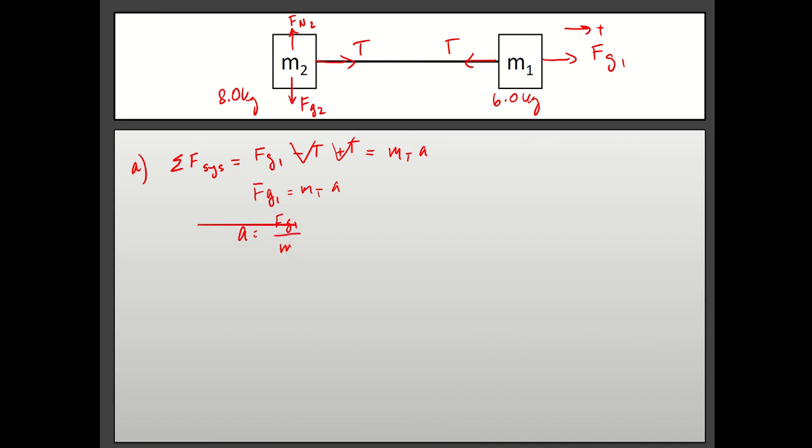Here we're going to replace our Fg1 with M1 times g, and total mass is going to be M1 plus M2.